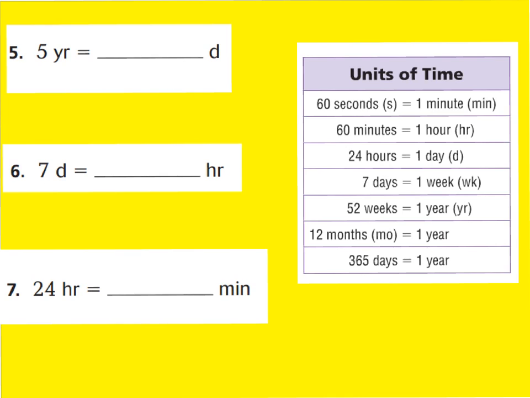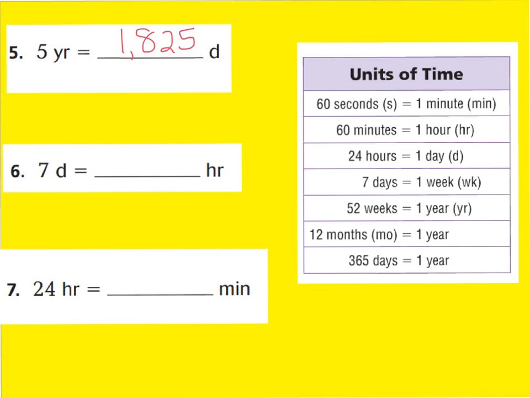All right, so we have 365 times 5. Go ahead and press pause on this one and work it out. All right, if you work this one out, you should have ended up with 1,825 days would be 5 years, because 365 times 5 is 1,825.